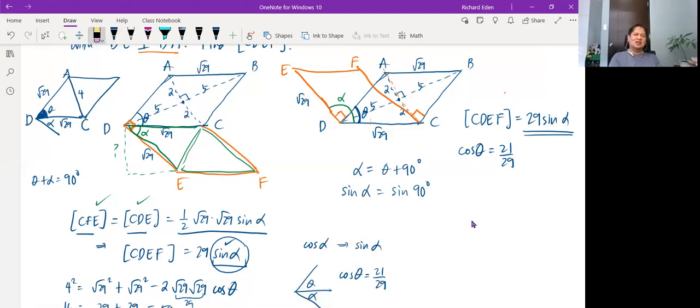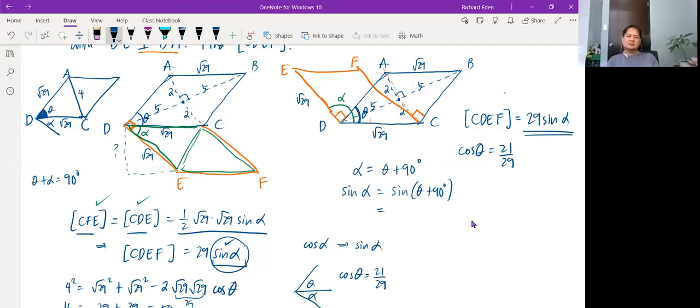What on earth did I just write? Sine of theta plus 90 degrees. What's this going to be?